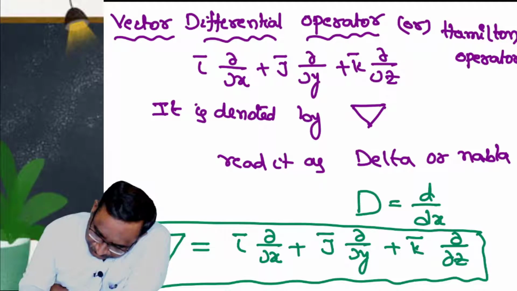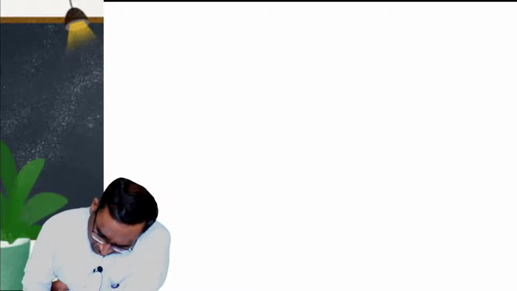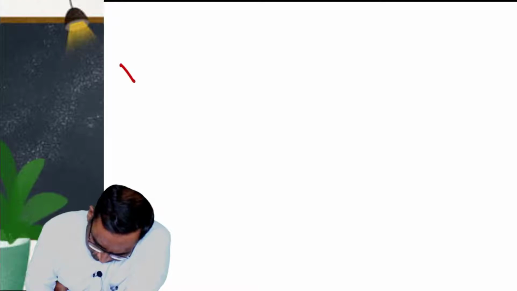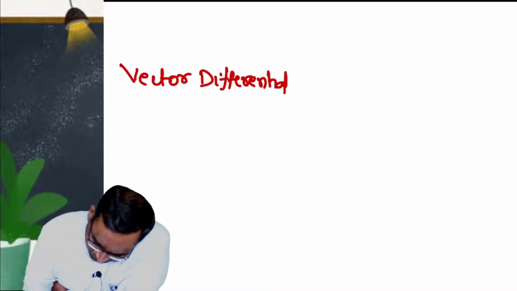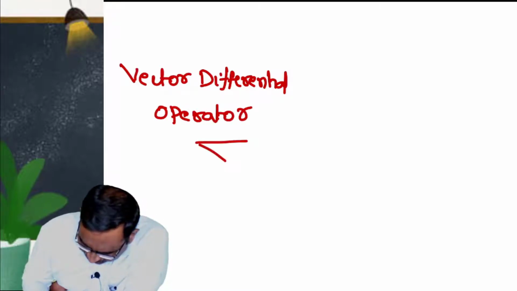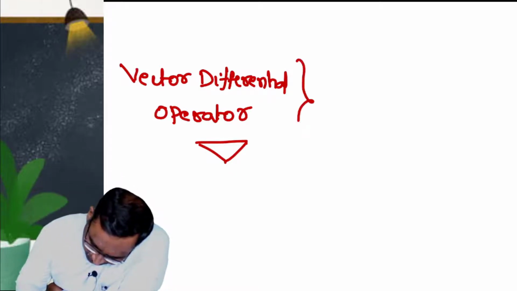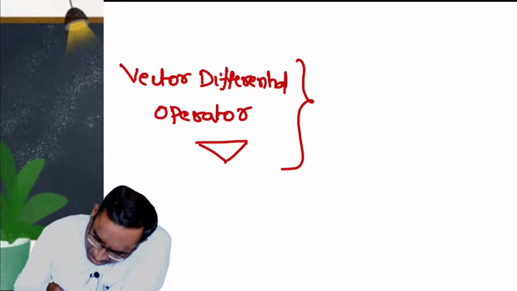Now, here I am having a vector differential operator, this is nabla or delta. Previously we discussed, I am having two types of functions.